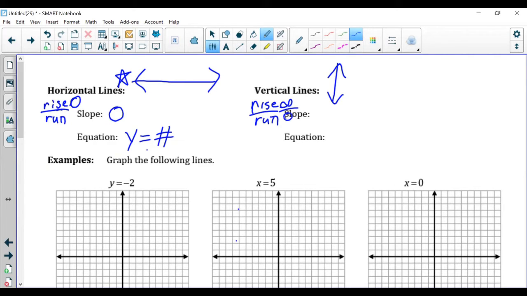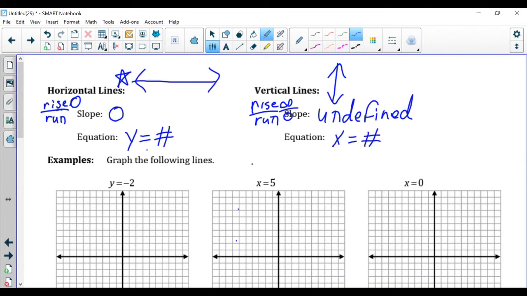Yeah, your calculator freaks out on you, right? All right, so the slope of these, we call this undefined. Anytime you get a slope that says undefined, it goes straight up and down. It's a vertical line. All right, so the equation for these is going to be x equals some number.